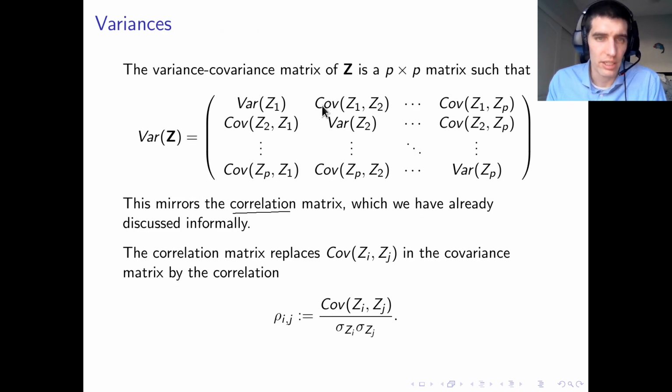The reason it's symmetric is that the covariance between Z2 and Z1 is the covariance between Z1 and Z2, right? So if we were to flip the role of rows and columns by taking the transpose, it is symmetric because this element is equal to this element and so on and so forth.